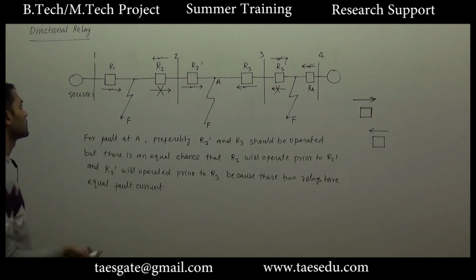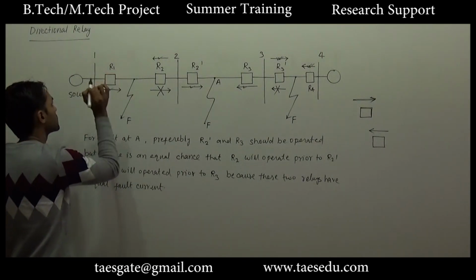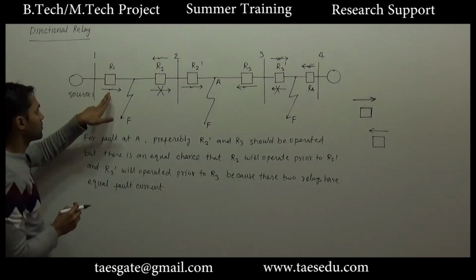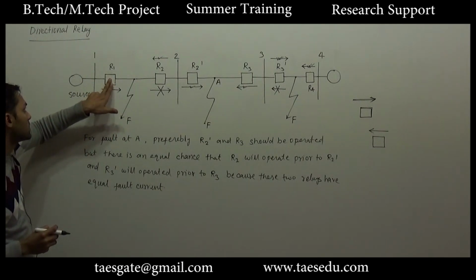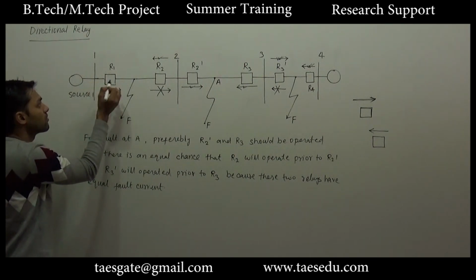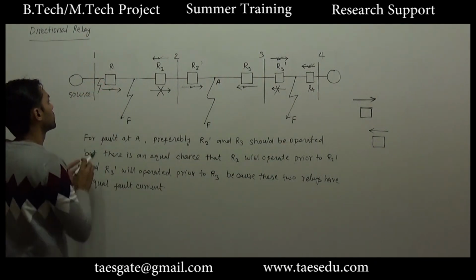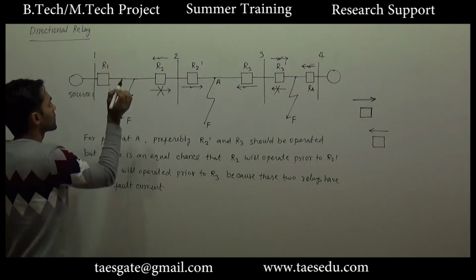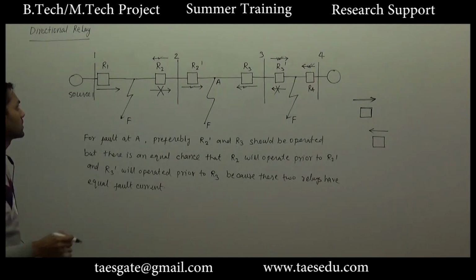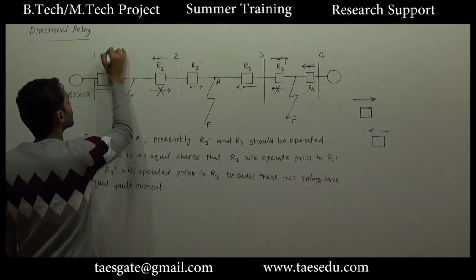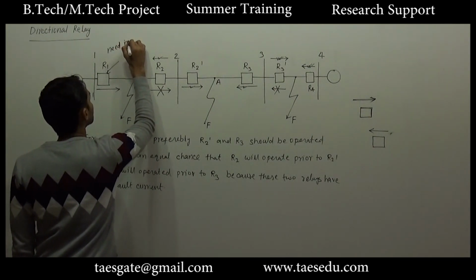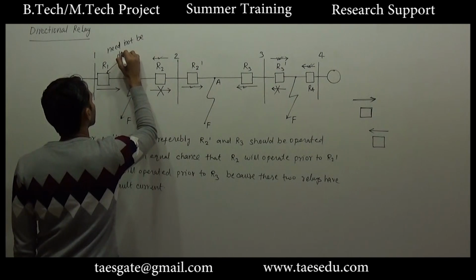You may also observe that relay R1 is at bus 1. Although I have shown a gap here, you have to consider that this relay is just after bus 1. You never have to consider a fault at this point. The direction of fault current in relay R1 will always be from left to right, so this relay need not be a directional relay.